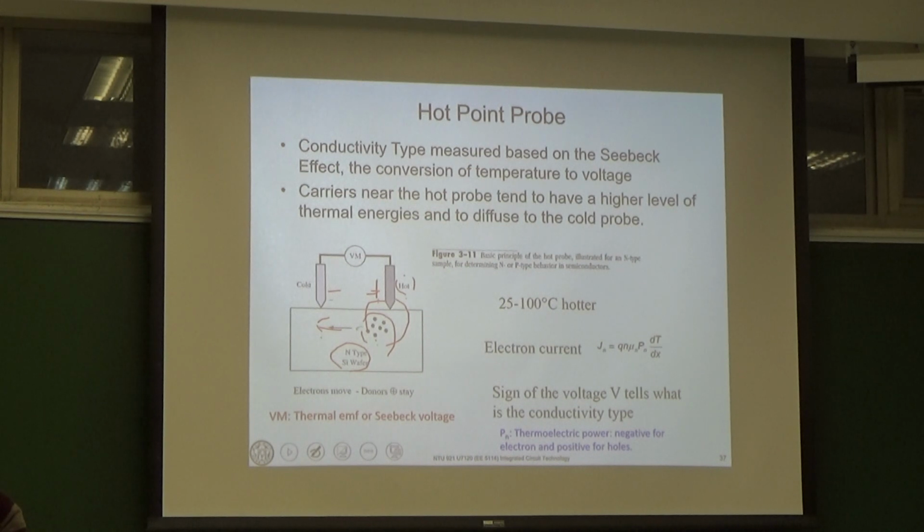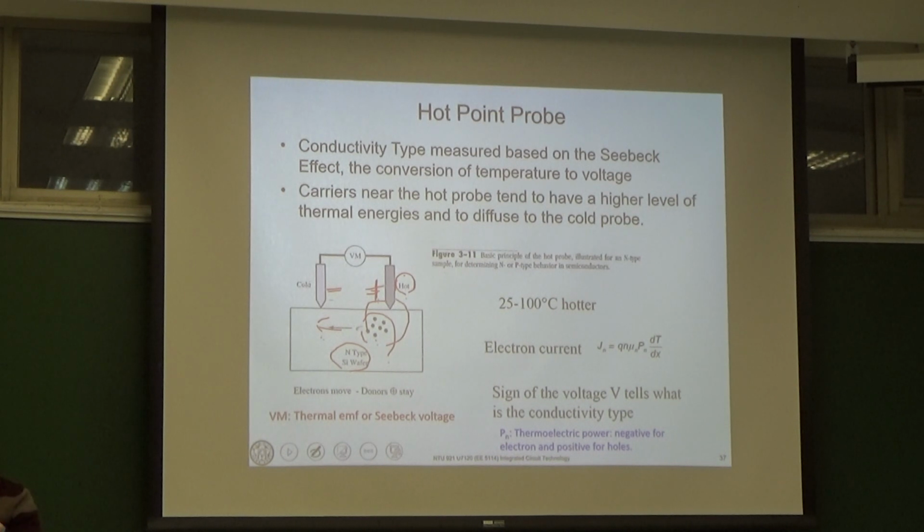If the electrons move away, here the potential becomes more positive, and there the potential becomes more negative. So if you use the voltage meter to measure, at the hot probe you have a higher potential, and in this way we know that the substrate is N-type.